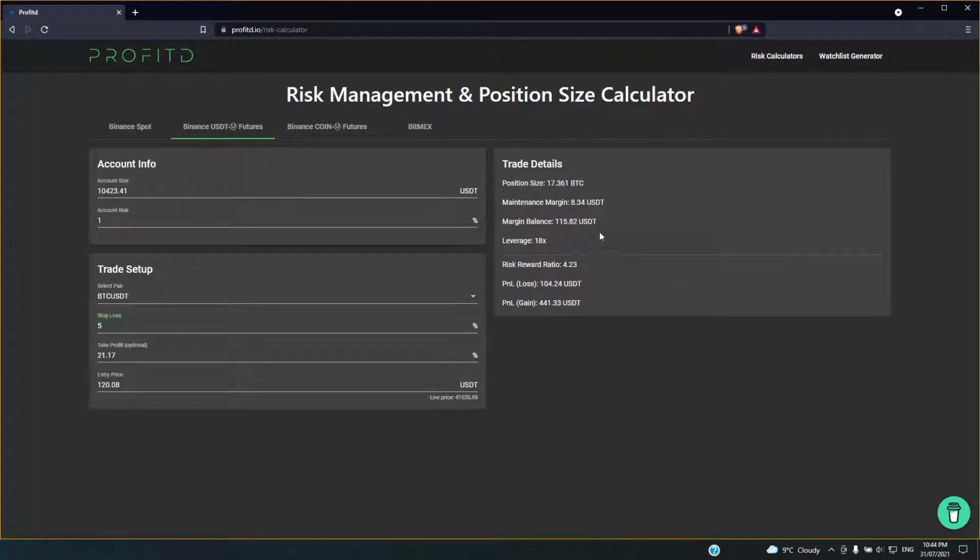So 5% would be a position size of 17 at 18x leverage, and 8.27% is 11x at 10 BTC. So that way we're still risking the same 1%, around that same $100 mark per trade.